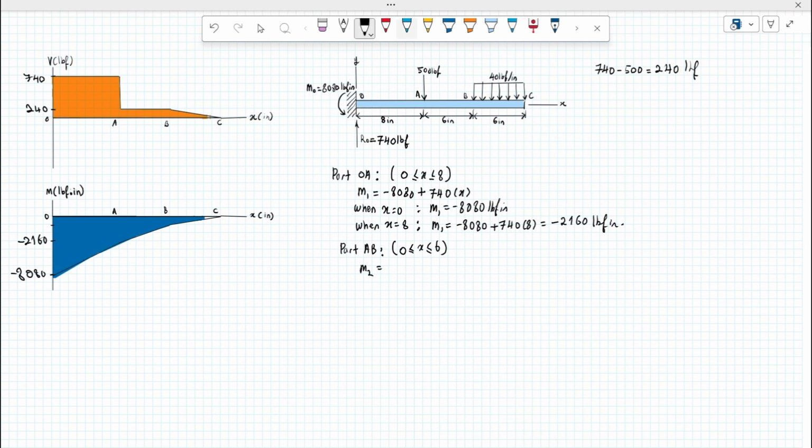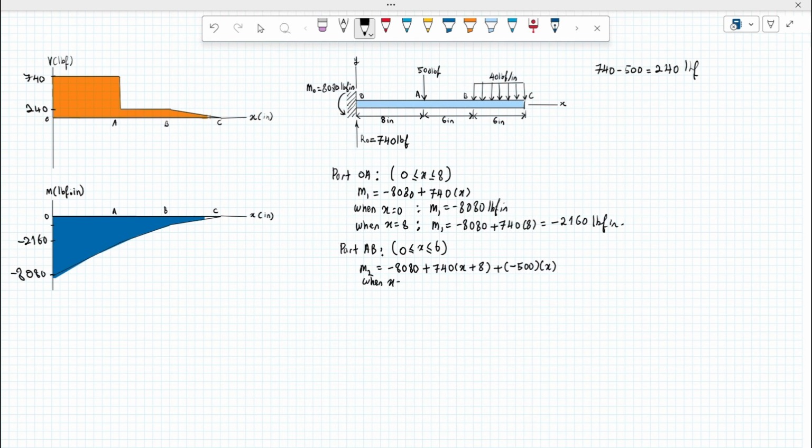M2 is equals to negative 8080 plus 740 times x plus the previous length, which is 8 inches, plus negative 500 times x.